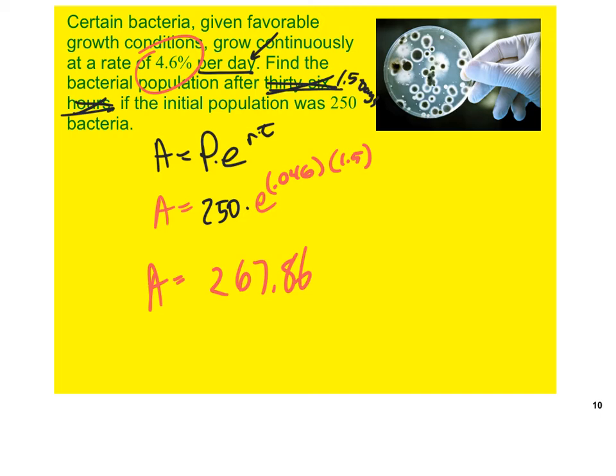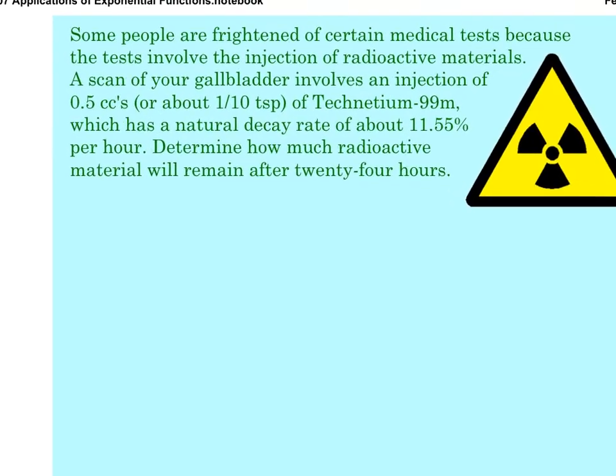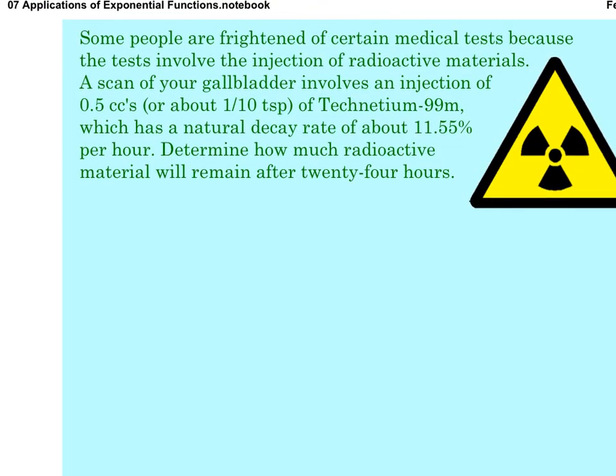All right. Now, do you get, since this is exponential, that if we did it for a whole year, it would go up a huge amount? Okay. All right. So this one's only important. I'm going to save us the time of doing it. It says it has a decay rate of 11.55.